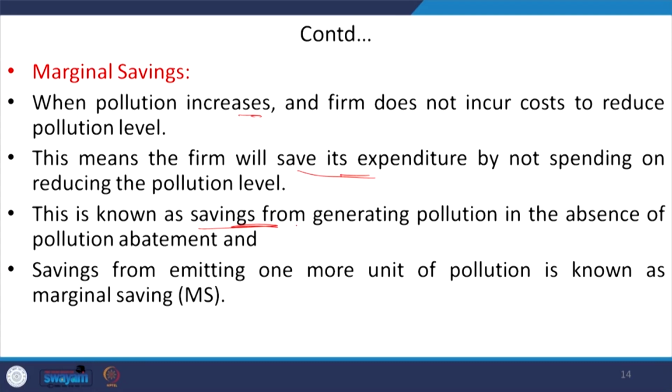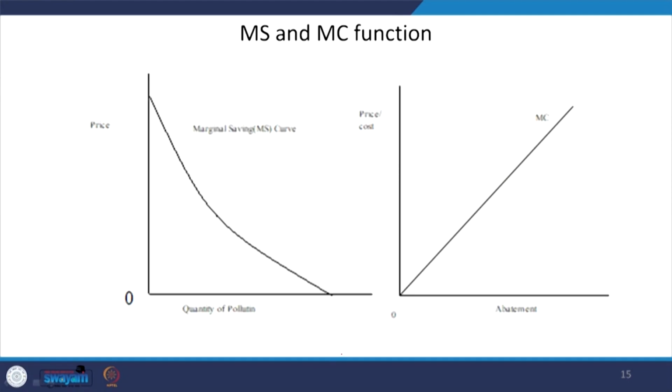This savings from emitting one more unit of pollution is known as the marginal saving function, which we have discussed, right. So, what we are saying is that this price is the negative of marginal cost, that is, the marginal saving function with respect to the pollution itself.